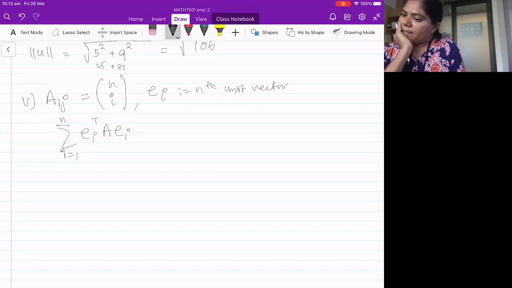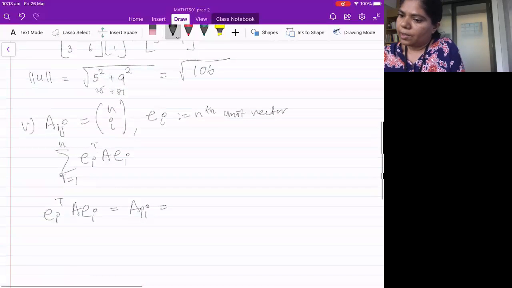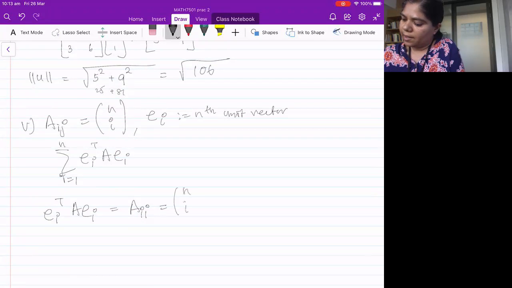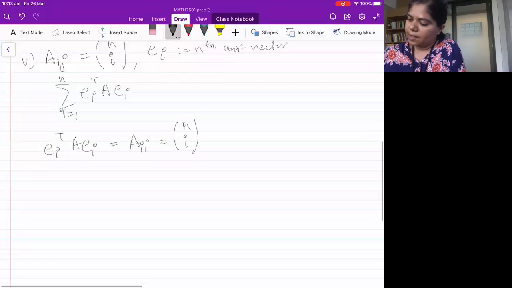Okay, that sum is a scalar, but you know that Ei transpose A Ei is equal to Aii. Okay? This is equal to, according to the definition of the matrix, the matrix elements.